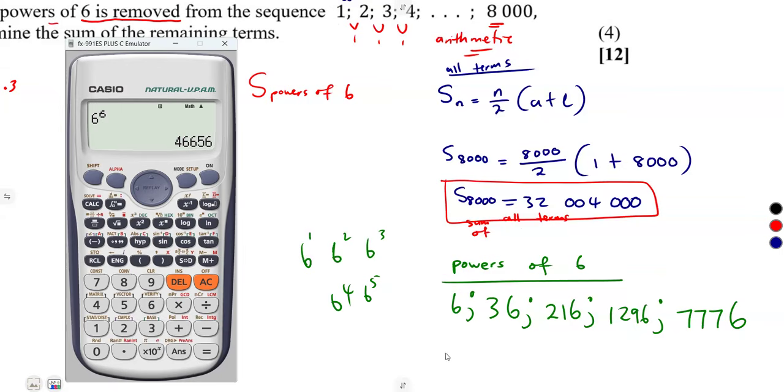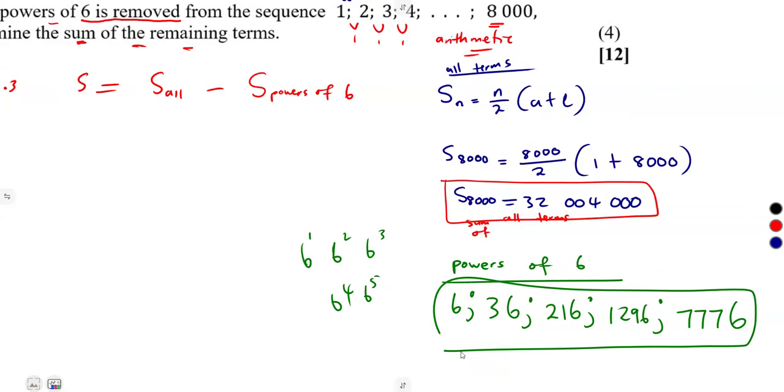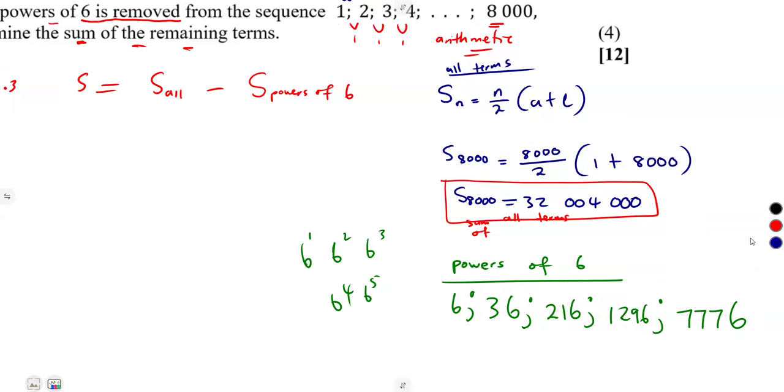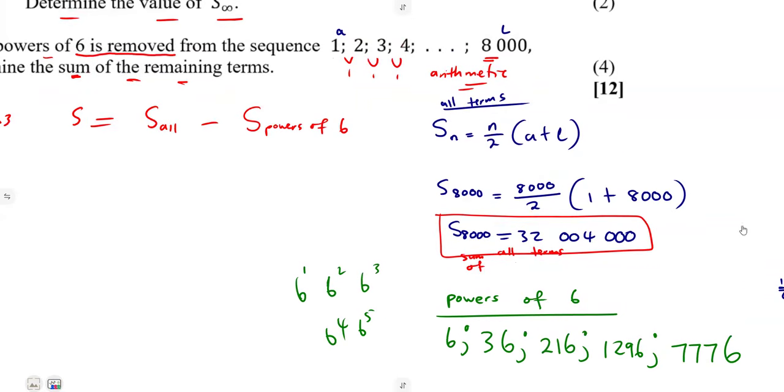It's now 46,000. So you see, guys, these are the only powers of 6 that we are going to have from the sequence that we are given, from 1 up to 8,000. Those are the powers of 6 that you're going to have.